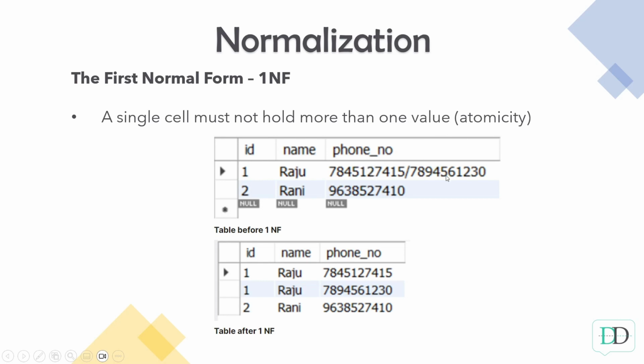Here the row atomicity is equal to 2 because we have 2 numbers. In first normalization, we update the phone number up to this one, create another row for Raju, and enter the other phone number in that. Likewise, we need to write proper SQL queries to do this kind of normalization.